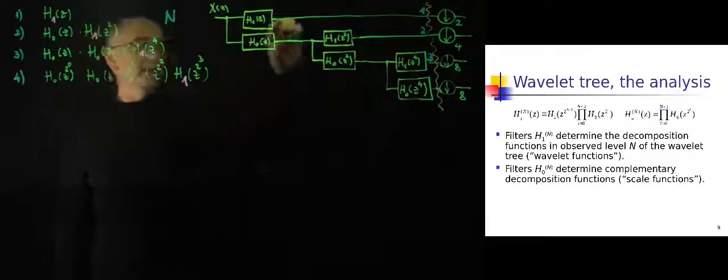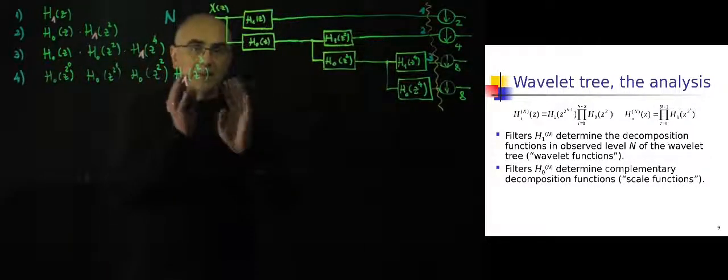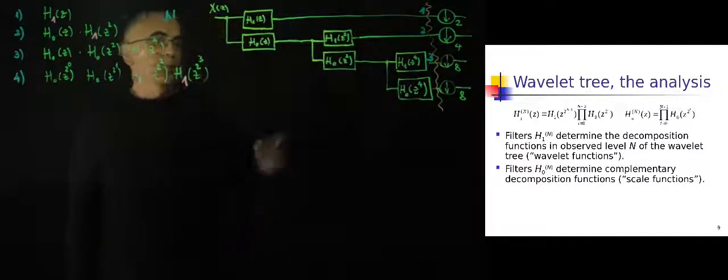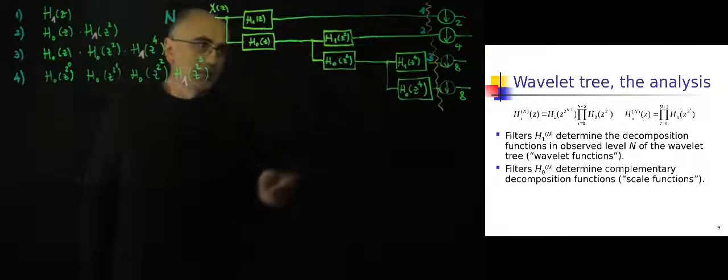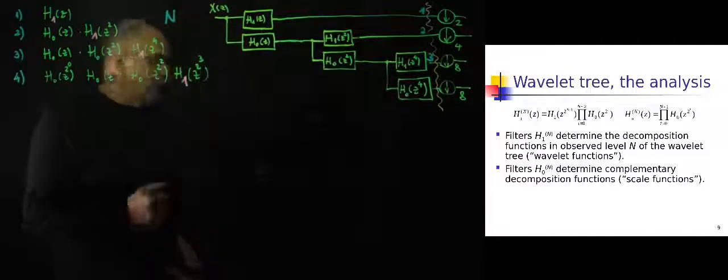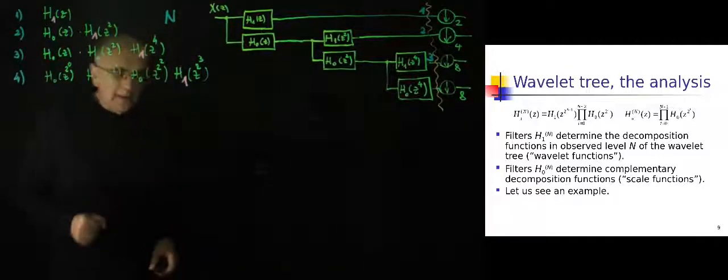So we can easily see that the two channels are somehow complementary. Half of the information goes one side and the other half on the other side. Okay, so let's see an example.